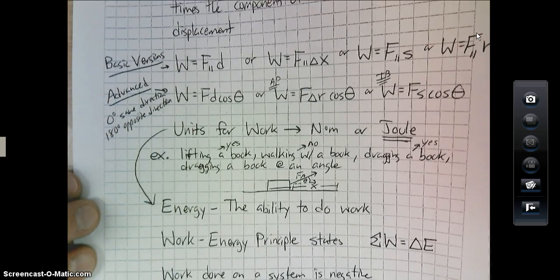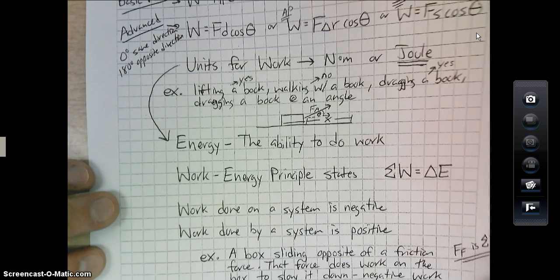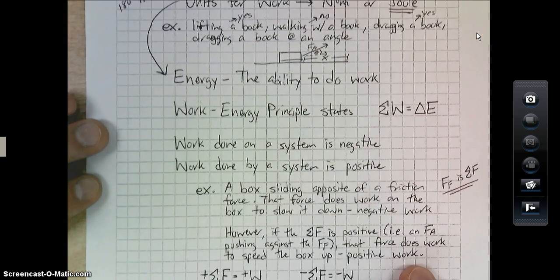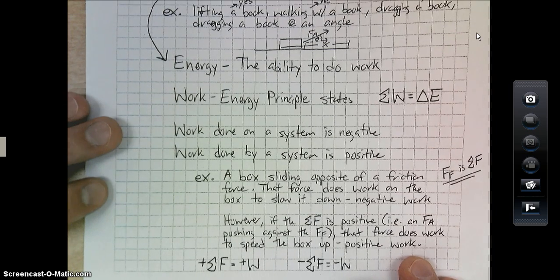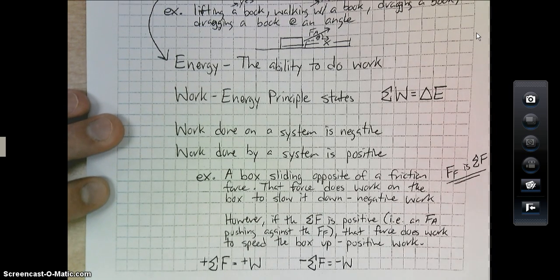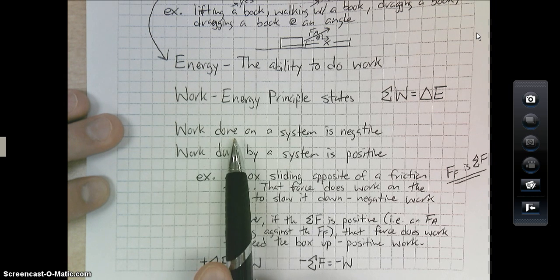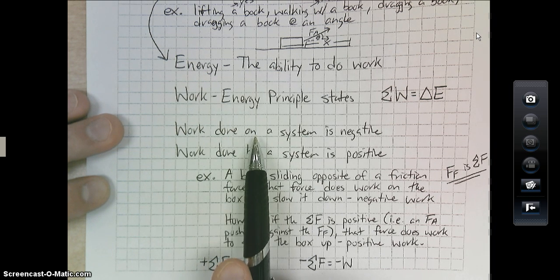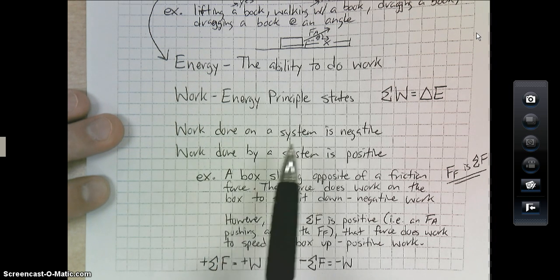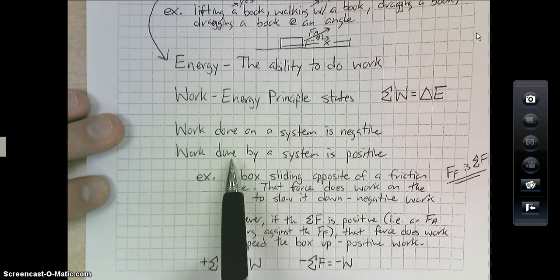Now, I also want to talk about whether or not work is positive or negative. Sometimes it's easy to think of it as if work is being done on a system, then the work is negative. And if the work is being done by a system, then it's positive.